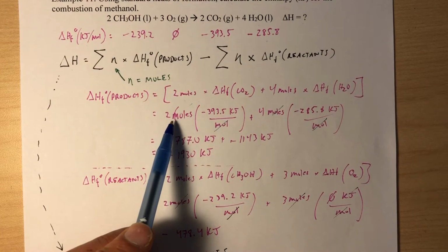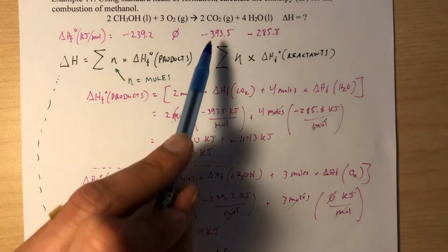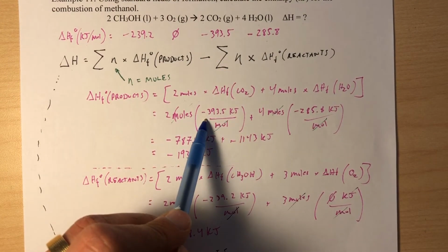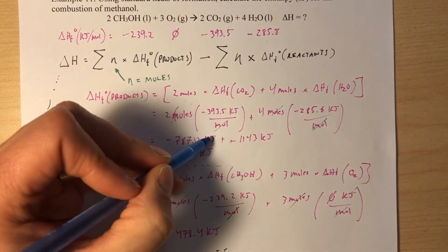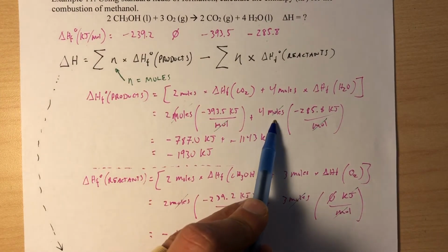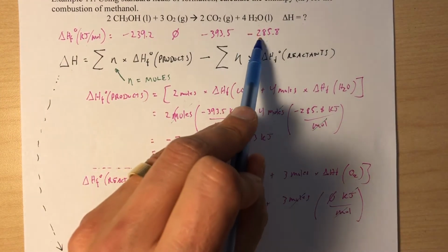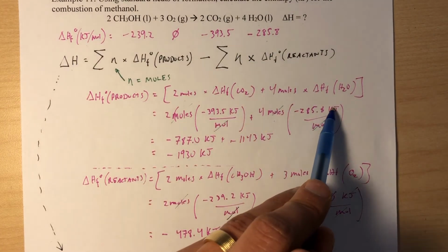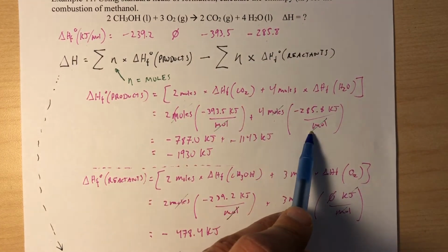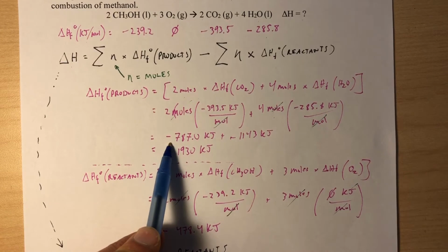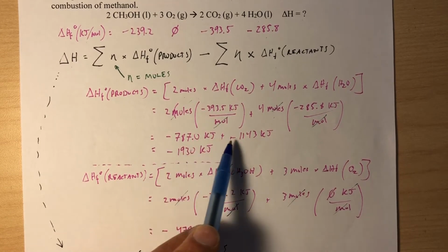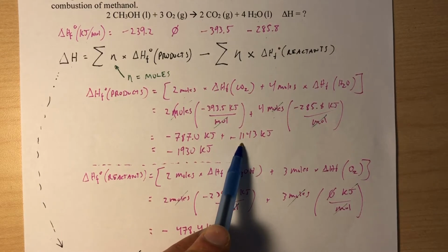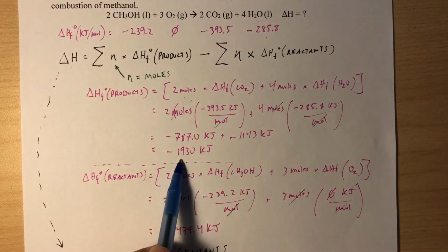That's equal to 2 moles times negative 393.5 kilojoules per mole, and our moles cancel, plus 4 moles times negative 285.8 kilojoules per mole, and our moles cancel. We can then calculate that the delta HF for the products is negative 787 plus negative 1143, giving us an overall heat of formation of our products of negative 1,930 kilojoules.